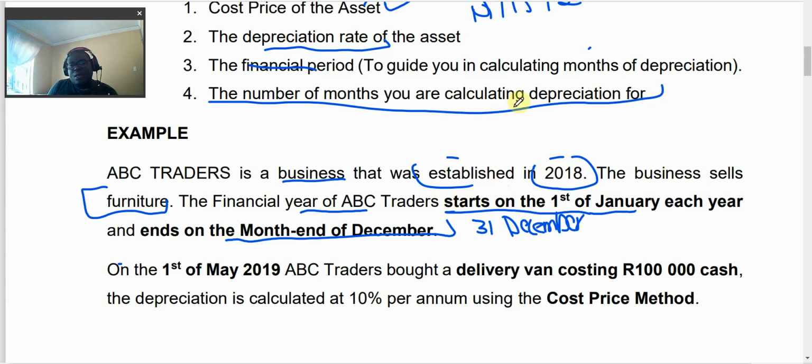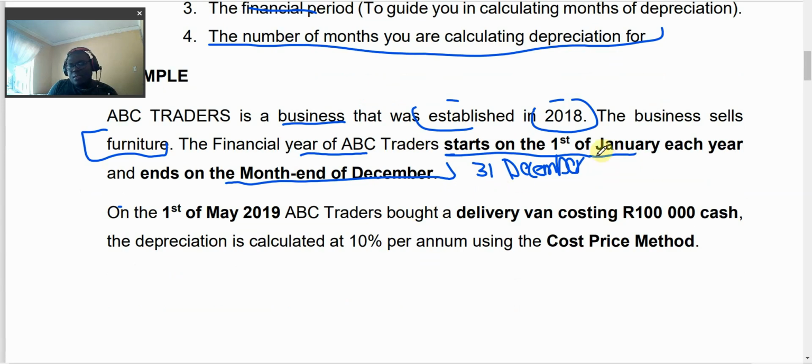It starts from the 1st of January and ends on the 31st of December. I hope this makes sense.